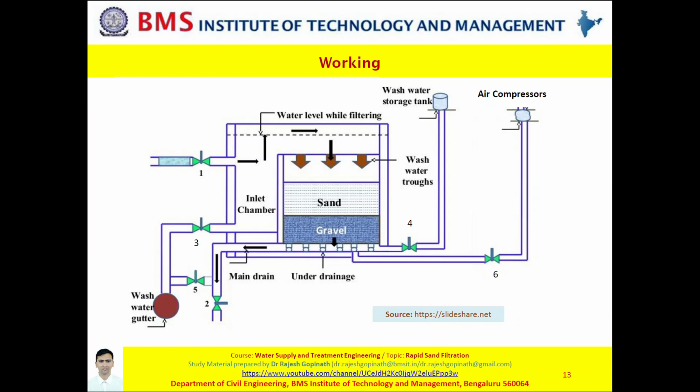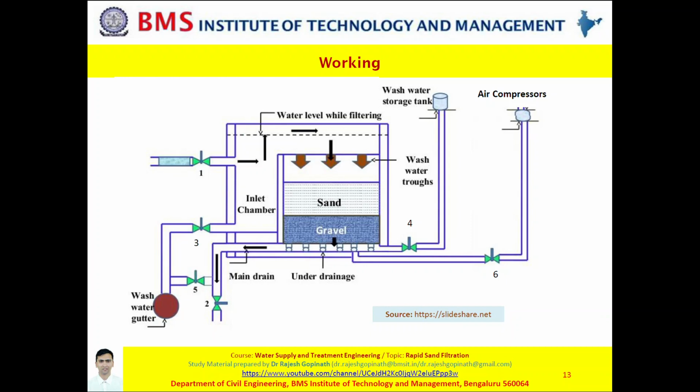So here actually what happens is, with the facilitation by air compressor to loosen the structure, water which is rising rises with all the impurities and enters the wash water trough. Okay. Now you need to close this valve number 4 and open valve number 3.